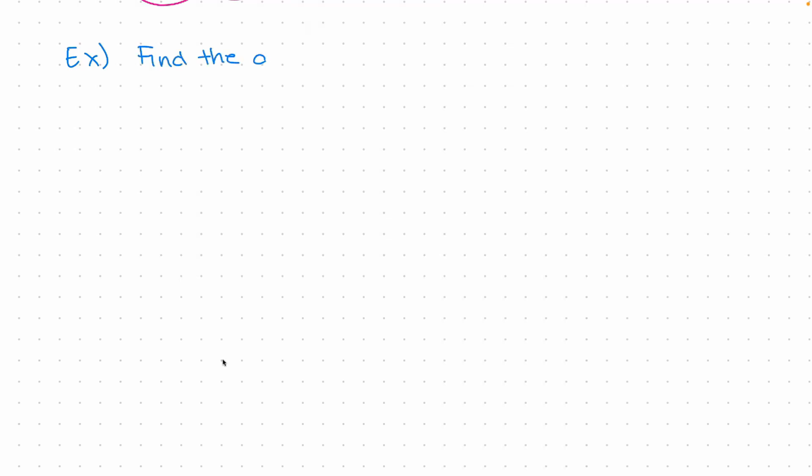Find the derivatives. So part A. Try the natural log of 2x. Just try that one and see what you get.